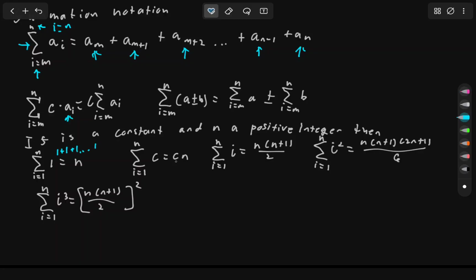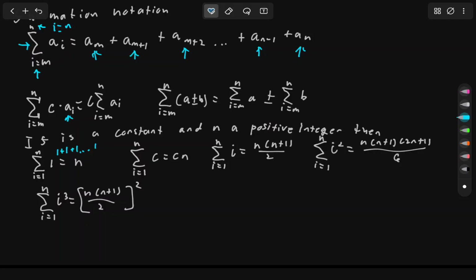Alright. We can also say c times n is equal to c times n. We can say that the sum from i equals 1 to n of i is equal to n times (n plus 1) over 2.